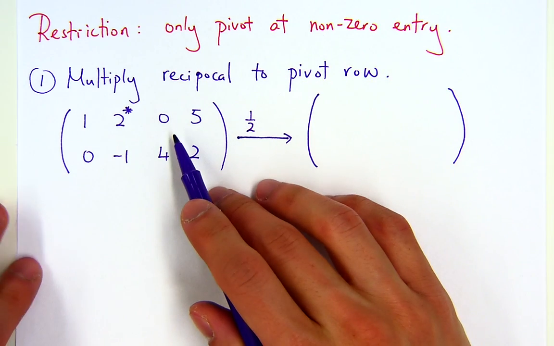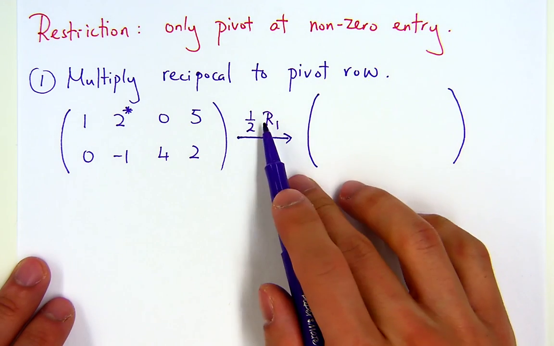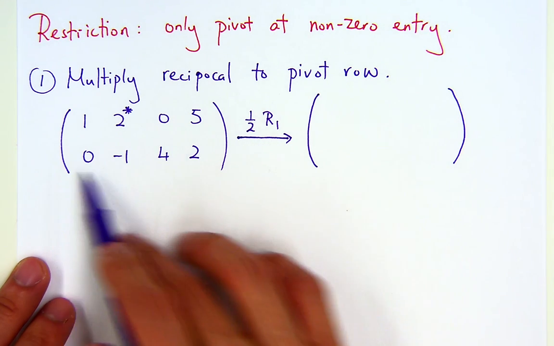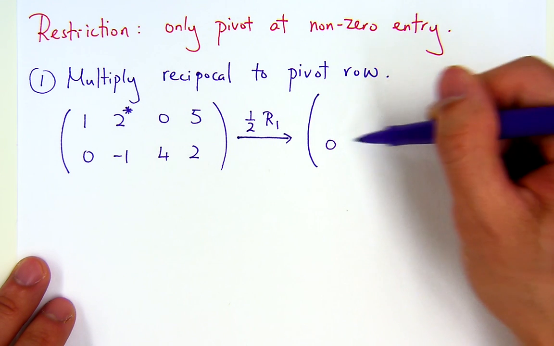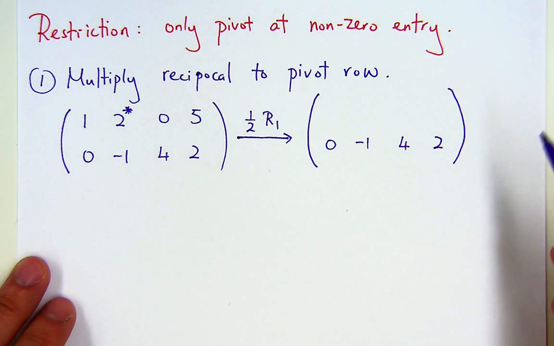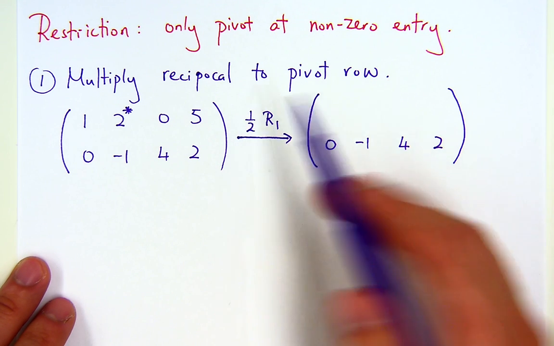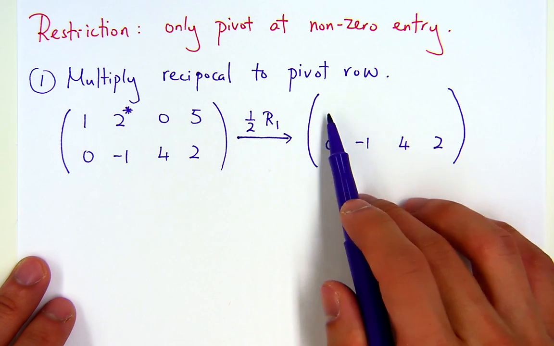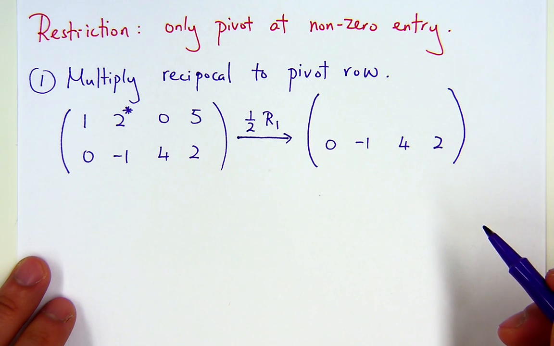And the pivot row is the first row, so we use the symbol R1 to denote row 1. The second row is not going to be changed, and hence we are going to copy it first. The first row is going to be changed by multiplying 1/2 into it. What does that mean? It means that every single entry in R1 will receive the extra factor 1/2.